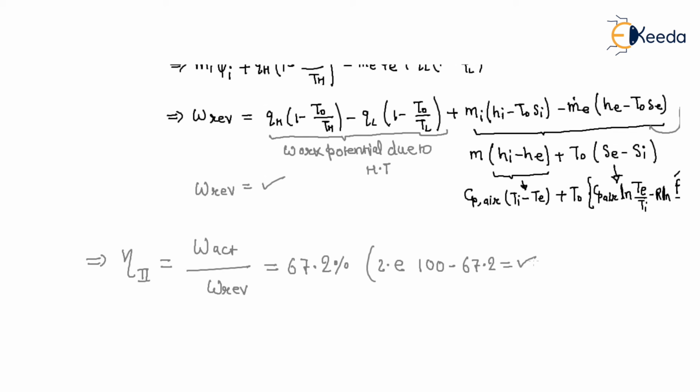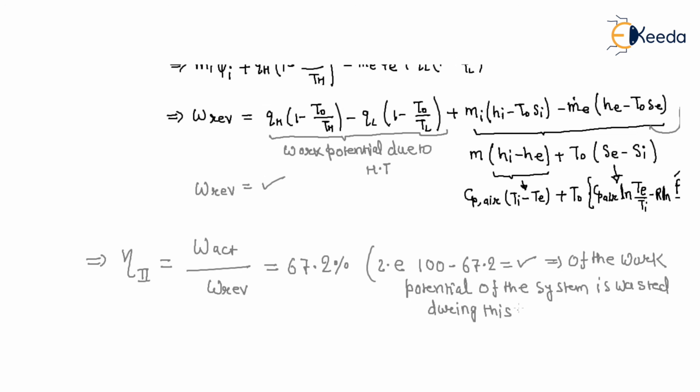What is this? 32.8% of the work potential of the system is wasted during this process, right? So this is all about it.